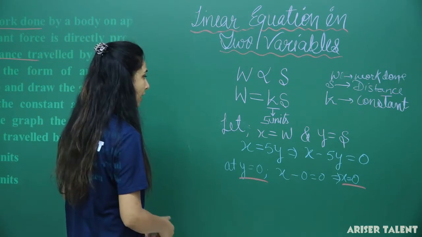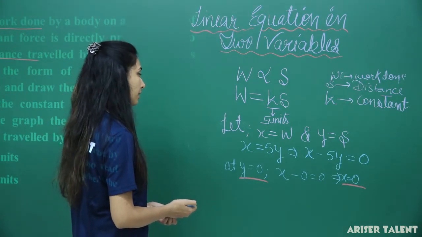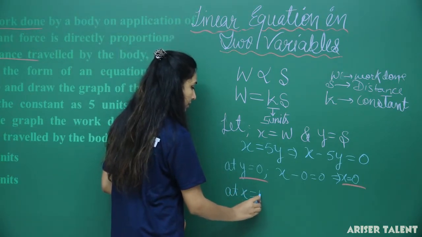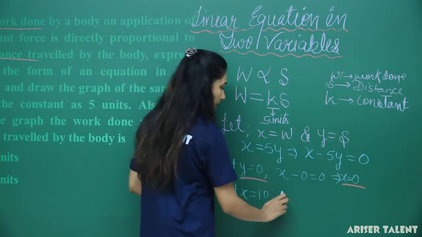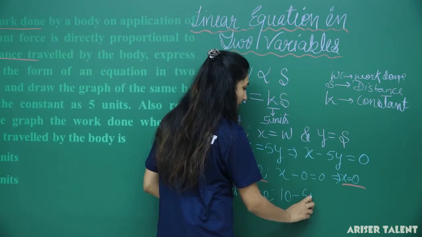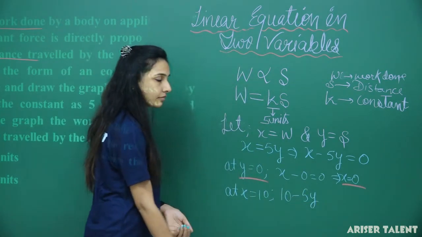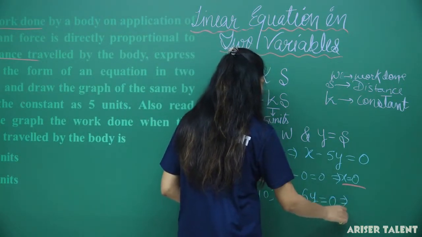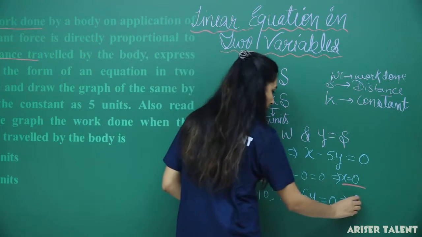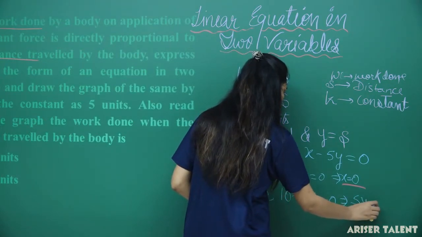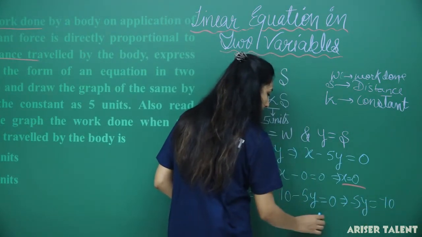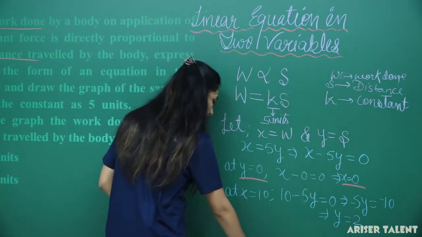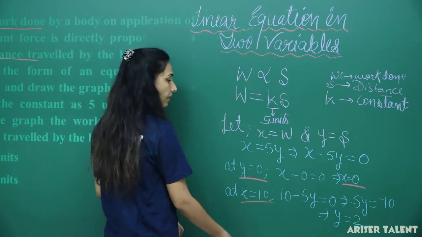Now, if I put the value of x as 10, at x equals 10, 10 minus 5y equals 0. This implies that minus 5y equals minus 10. This implies that y equals 2. So, at x equals 10, y equals 2.